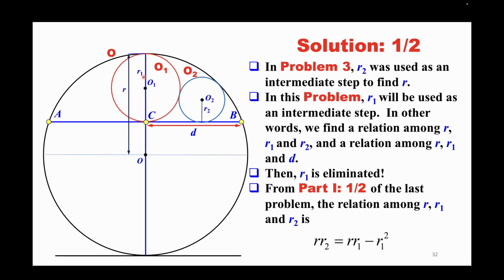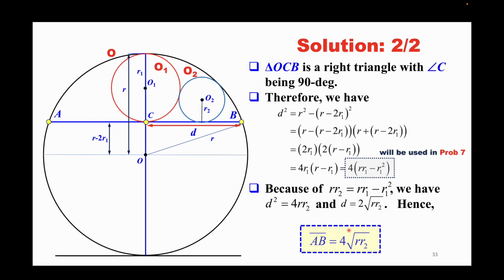In other words, we find a relation among R, R1, R2, and D. Then we eliminate one of them, that is R1. Remember, we found this relation in part 1 of the previous problem. So that eliminated 50% of our work.